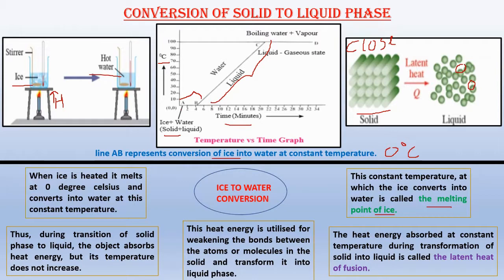Okay. For conversion of solid phase to liquid phase, the heat energy which is absorbed at constant temperature is known as the latent heat of fusion and generally denoted by Q. Okay, so this is the conversion of solid phase to liquid phase.